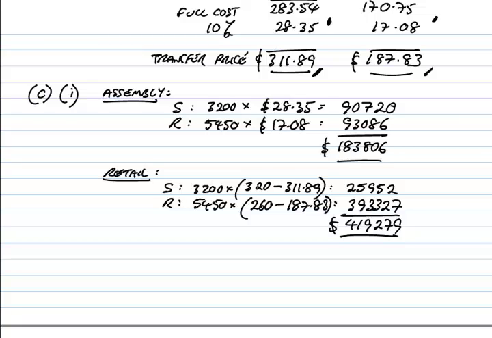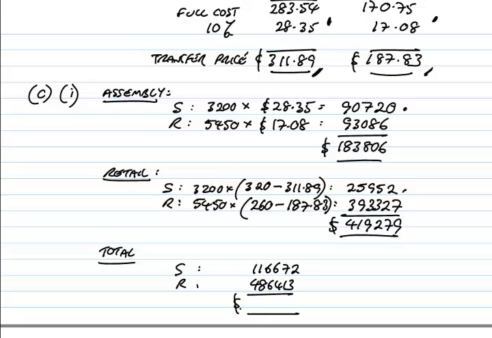However, just to be safe, since it says the total profit, let's do it for the whole company. So S and R, but for the whole company, it's the two added together. So S 90,720 plus 25,952, those two. And for R, one division's making 93,086, the other division 393,327, 486,413.